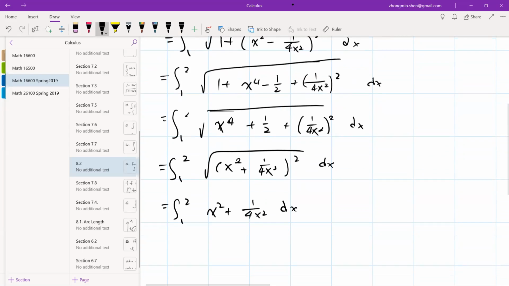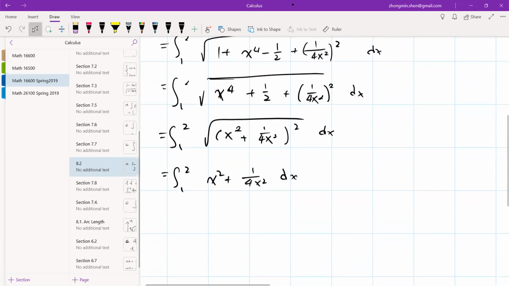Then the next step is just to find the antiderivative of the function, and then you're done. That's the key part. The antiderivative of this function is 1/3 of x cubed, and for the other term, 1/4 times x to the negative 2, the antiderivative is negative 1/4 x to the negative 1. When you differentiate, you get that term.